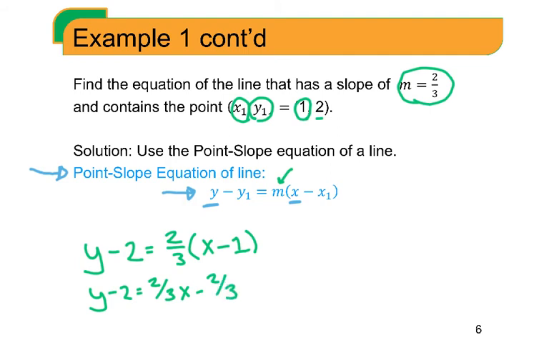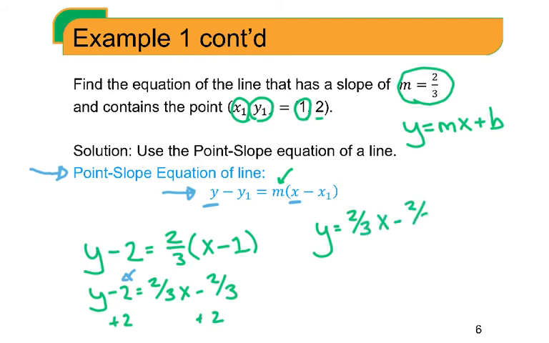And now our goal is to end up with y equals mx plus b. So we need to get rid of this 2 on this side. So we do that by adding 2 to both sides. So y equals 2/3 x minus 2/3 plus 2.